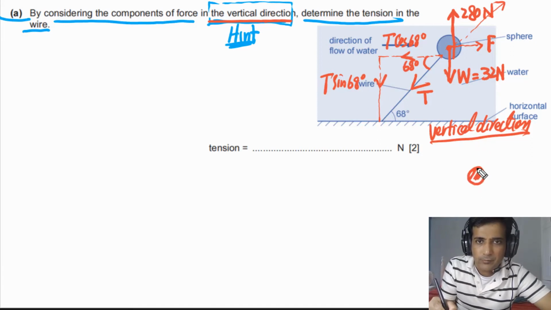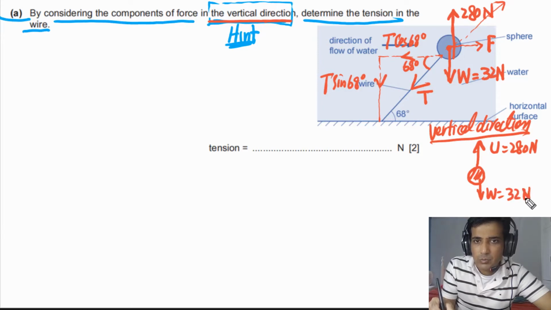One force is acting up, and this force is upthrust, and its magnitude is equal to 280 newtons. The weight of this sphere is acting down, that is W, and its magnitude is 32 newtons. There is a component of tension that is also acting down, and that component of tension is equal to T sine of 68 degrees.